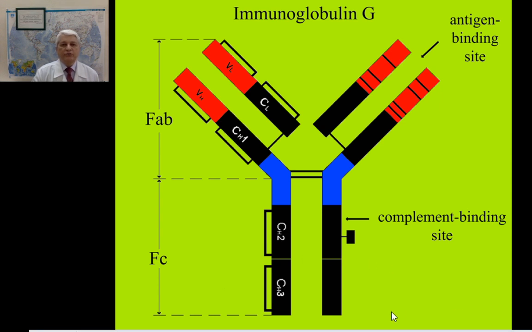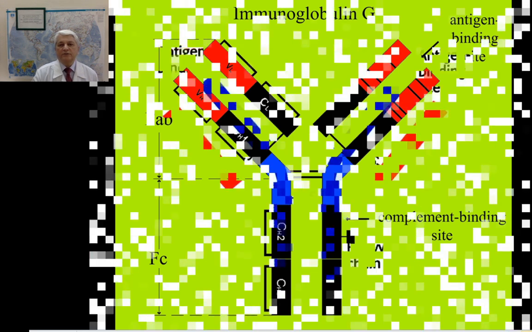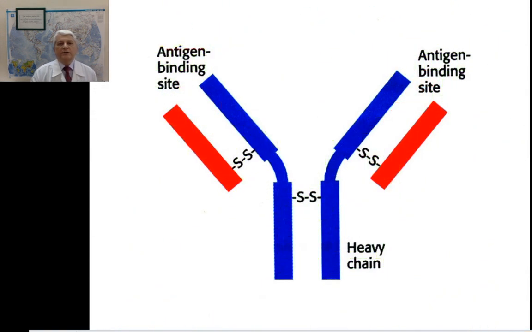Now I shall show you some other schemes of the structure of immunoglobulins, and you will simply explain to me what the different colors or different letters mean on the next schemes. For example, this one. This is the same molecule of immunoglobulin G, but this scheme is simpler than the previous one.